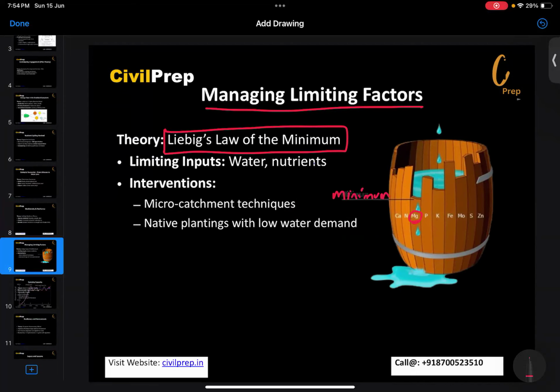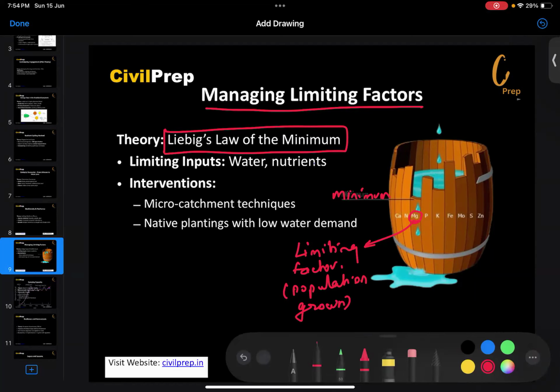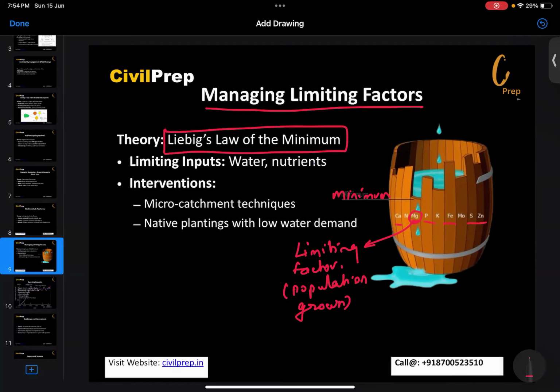So this low presence of magnesium will act as a limiting factor for population growth. There are also other factors, but magnesium will be one of the limiting factors which will help in controlling the population in this region.